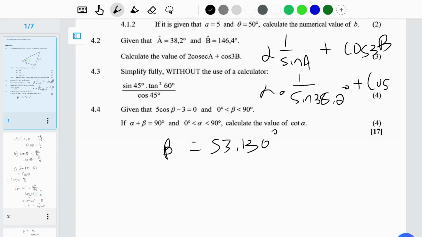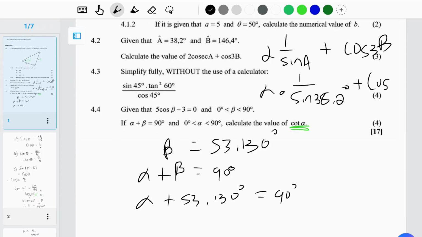Remember, the question is to calculate the value of cot alpha. We now found beta, but alpha is still unknown. So what do I do now? If I have beta, I can say that alpha plus beta equals 90 degrees. So 53.130 plus alpha equals 90 degrees.